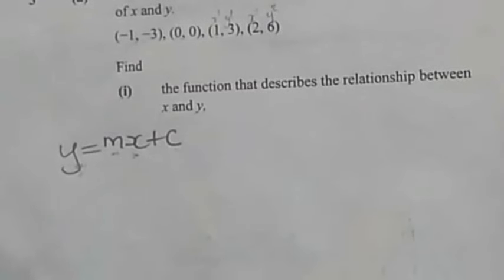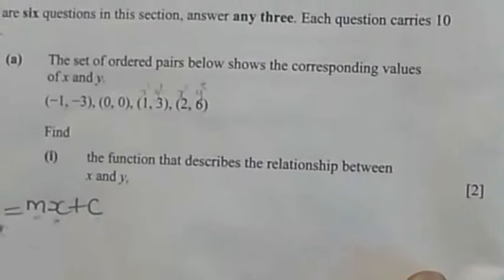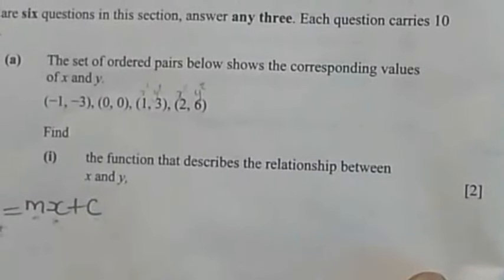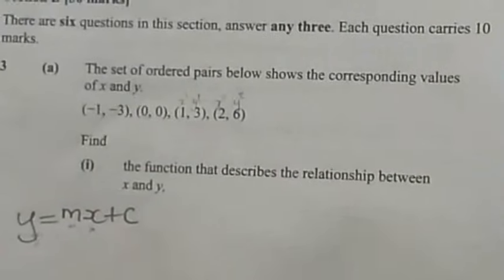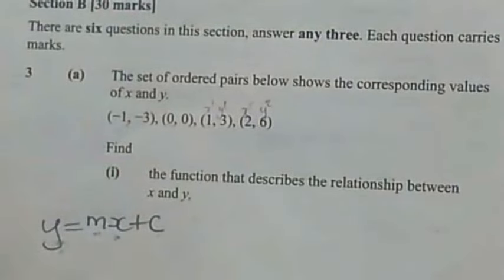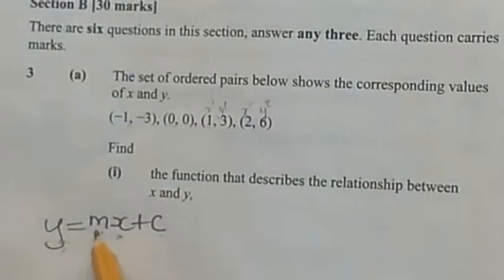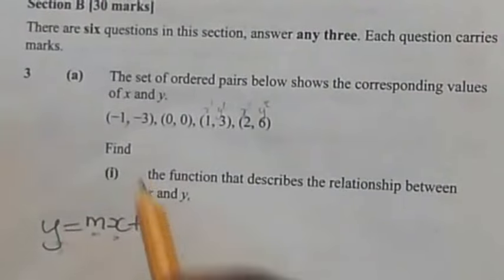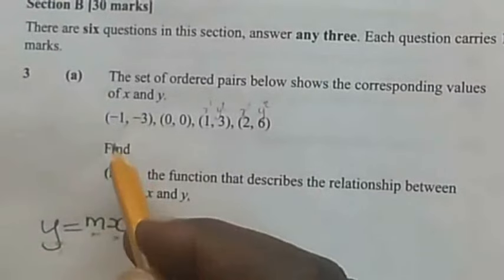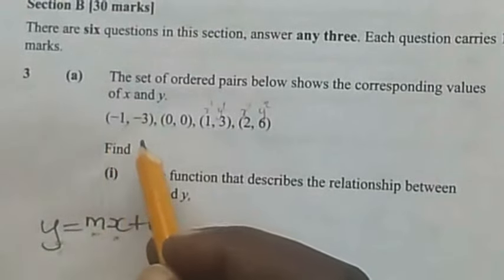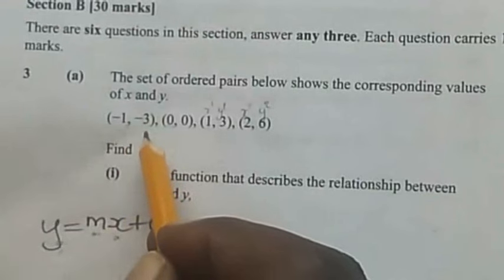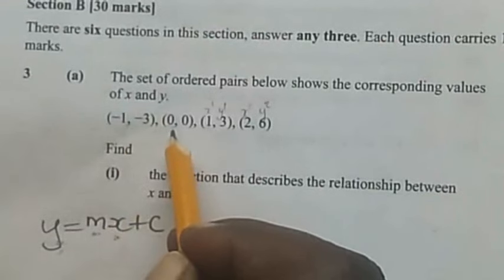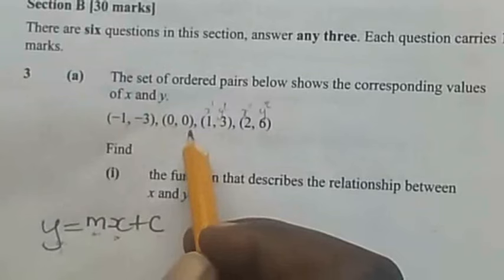So as I was saying, we're going to find the gradient, which is m. We're going to find the gradient first. To find the gradient, we pick this as x1 and y1, and we pick x2 and y2.